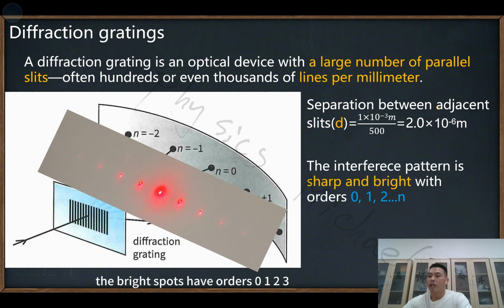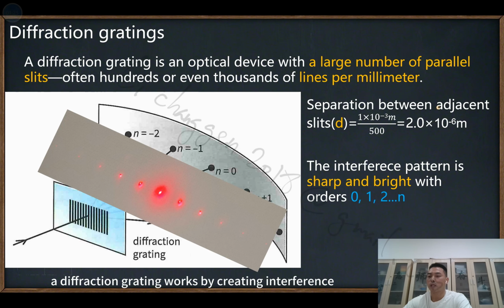The bright spots have orders 0, 1, 2, 3, starting from the center spots to both sides, as shown in the figure. Gratings are more precise than two slits, which makes them ideal for measuring wavelengths of light and analyzing spectra. So remember, a diffraction grating works by creating interference between light waves passing through many slits. The result is a set of well-defined bright spots called a diffraction pattern.